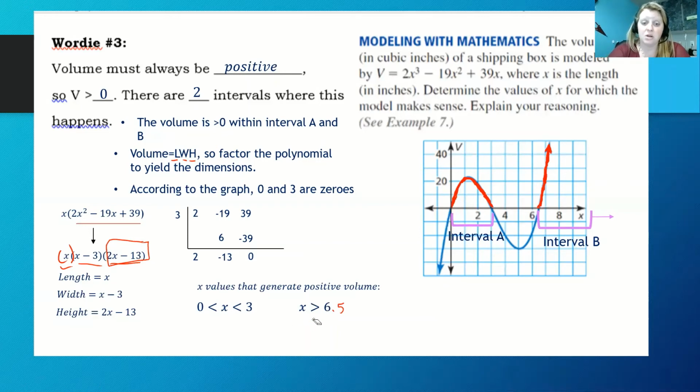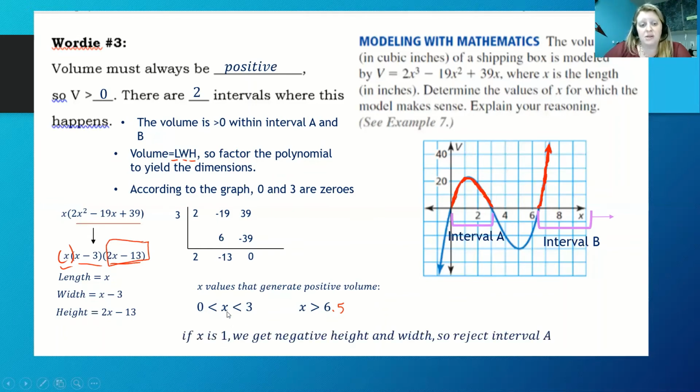So we do not include 6.5, 3, or 0 as answers. It has to be strictly above 6.5 and strictly between 0 and 3. So normally we'd circle that and say, there, that's our answer. That's where the volume is positive. That's what makes sense. Here's where factoring helps us not make a silly but crucial mistake.